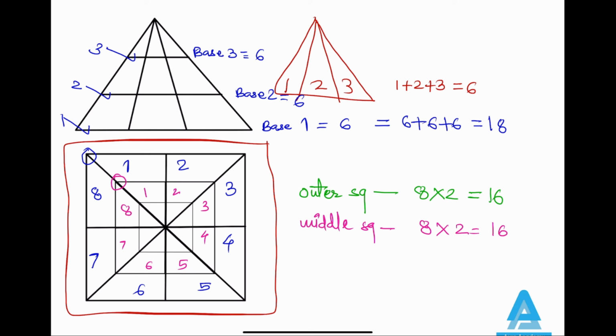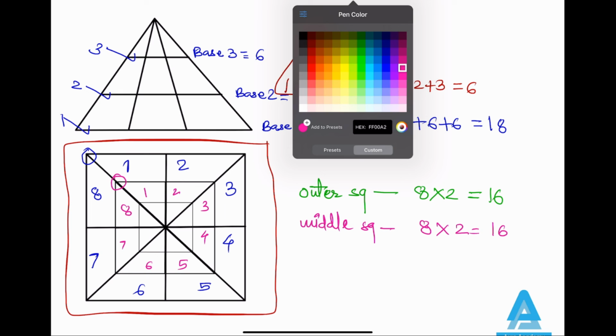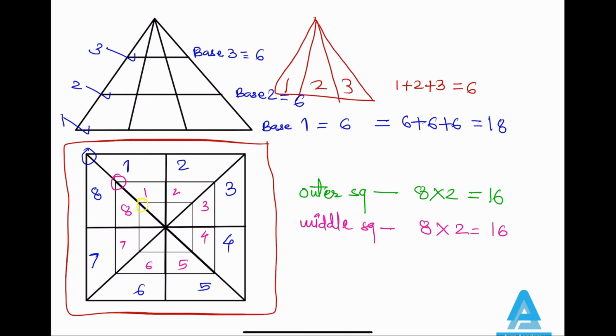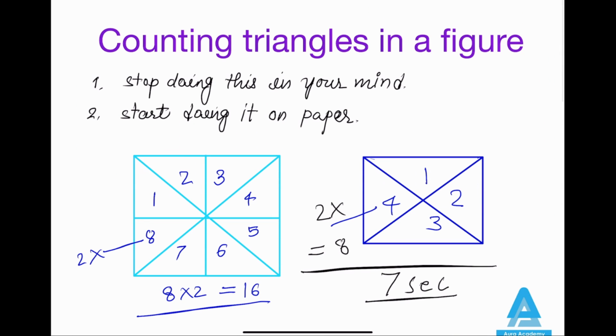And for the center one, 1, 2, 3, 4, 5, 6, 7, 8, the center square is again 8 multiplied by 2, that is 16. So overall it is 48, right? So this is how we find the number of triangles in a figure.